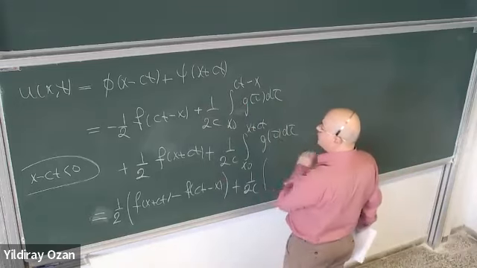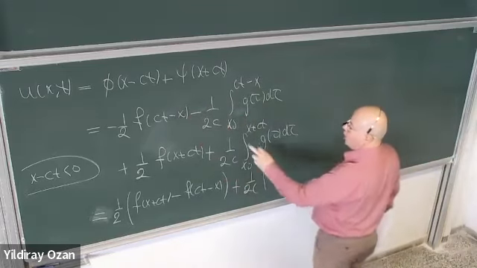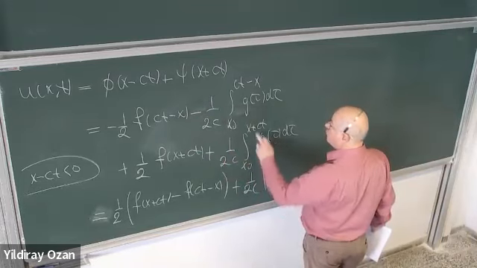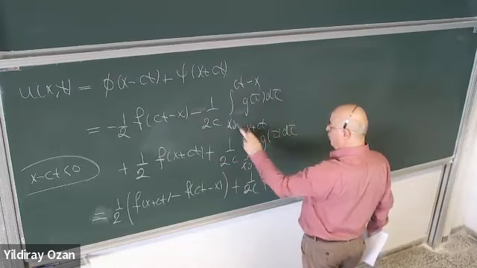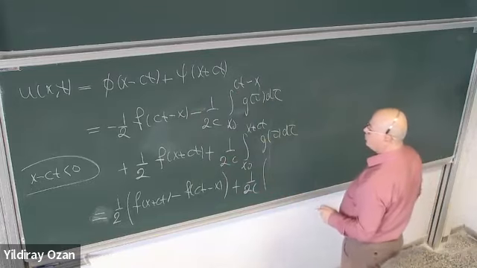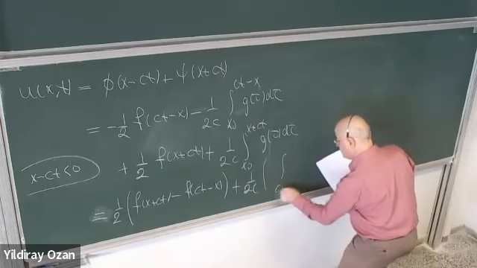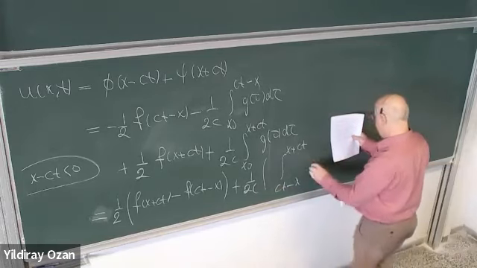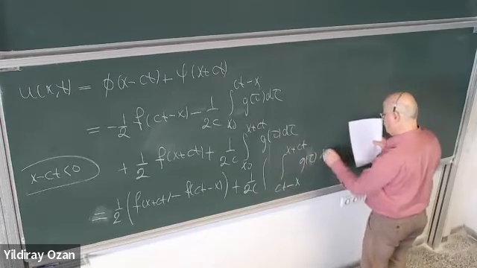If I make this plus, then these two will be interchanged. So I will have 1 over 2c from ct minus x to x0, and then x0 to this. So, okay, ct minus x to x plus ct of g tau d tau.